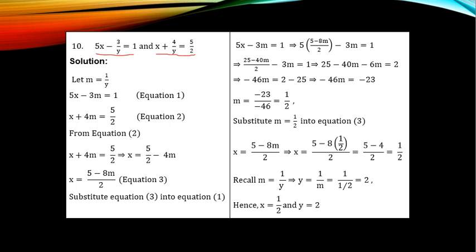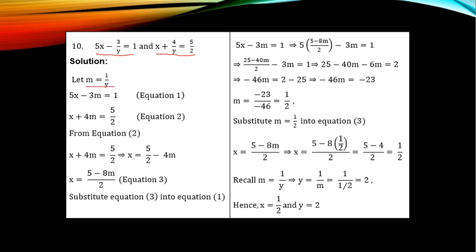So if you factor out 1 over y from both equations, you have 3 times 1 over y, then 4 times 1 over y. So you only replace 1 over y with another variable.